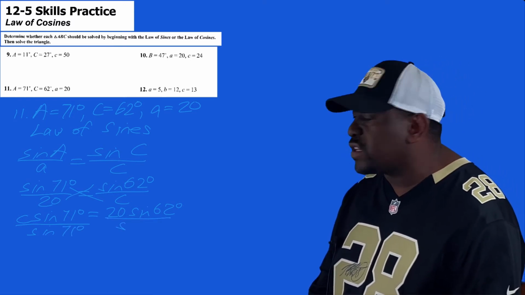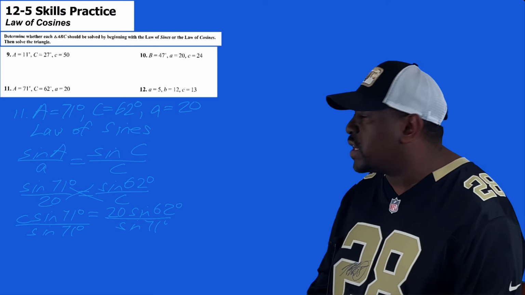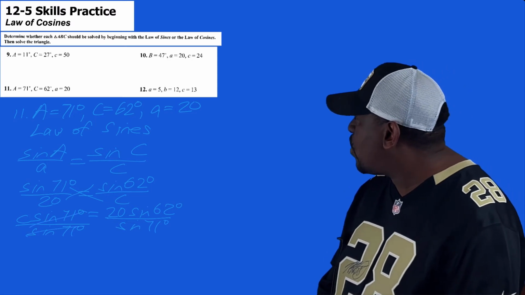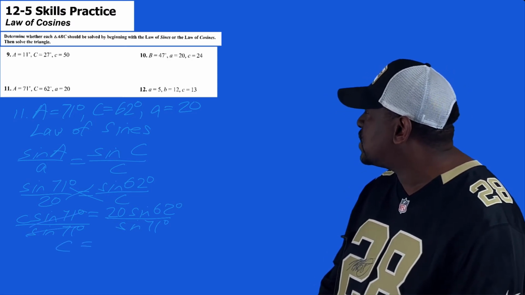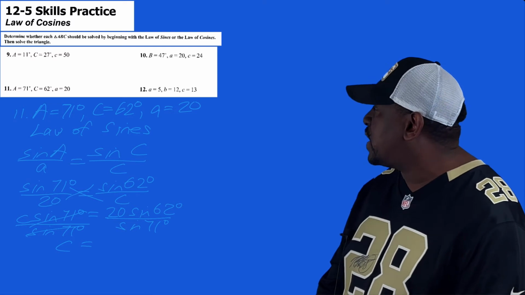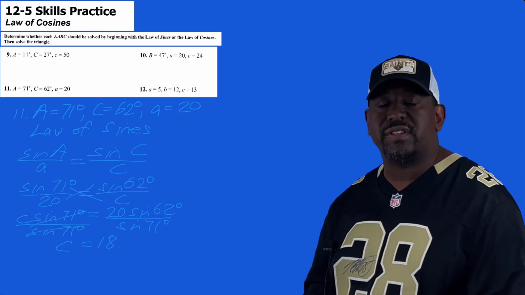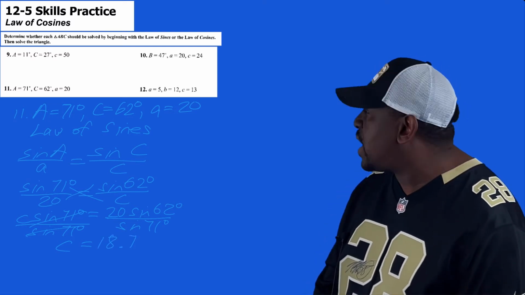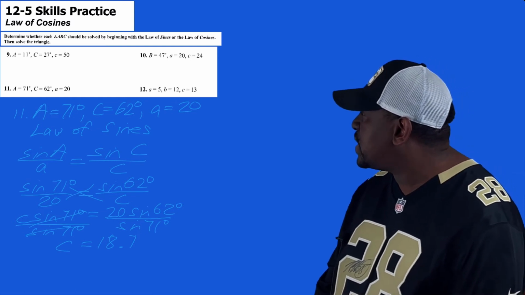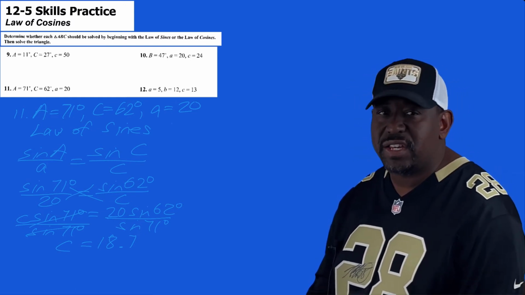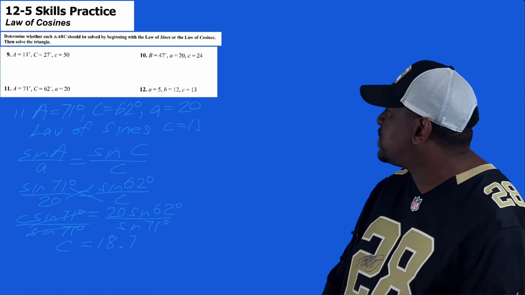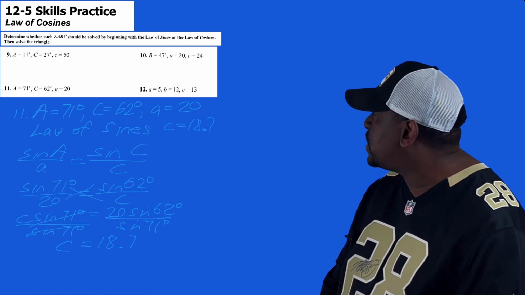We get our calculator out and plug in the values, the quantity of 20 times sine of 62 degrees over sine 71 degrees, and that will give us the value of side C, which is 18.7 rounded to the nearest tenth. So C is equal to 18.7.